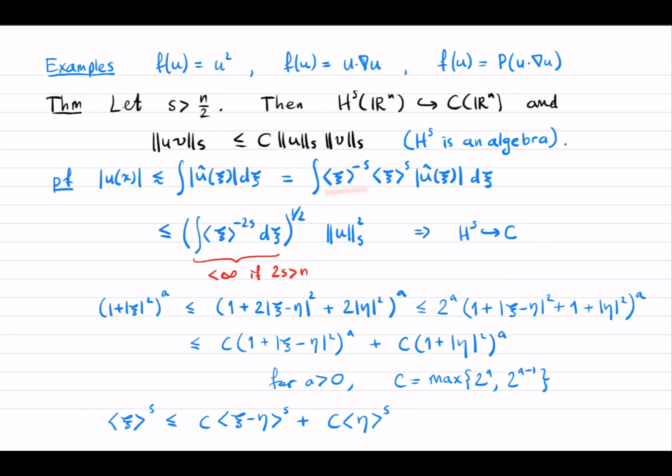Then we write here a negative power of xi and a positive power of xi, and we use Cauchy-Schwarz. So this part here gives us just the H^s norm squared, and integrating the other part, we get the Japanese bracket of xi to the minus 2s, which is integrable if 2s is strictly bigger than n. So that's exactly this condition here. So in that case, we're going to get H^s continuously embedded into the continuous functions.